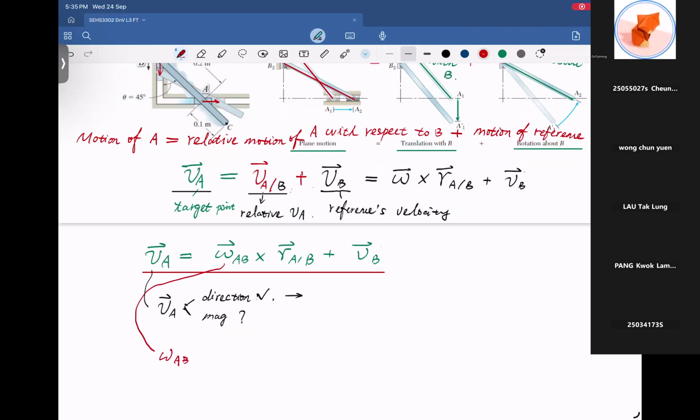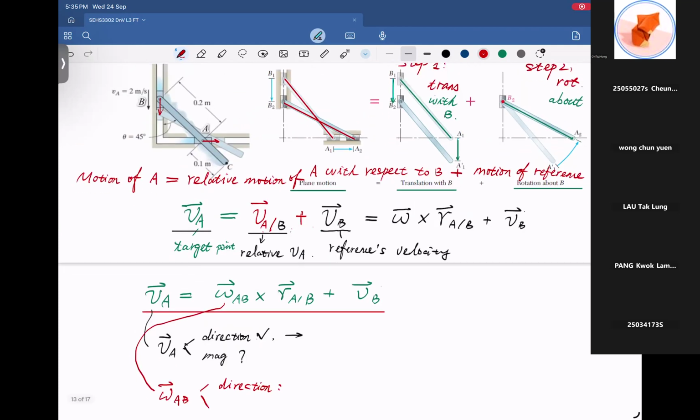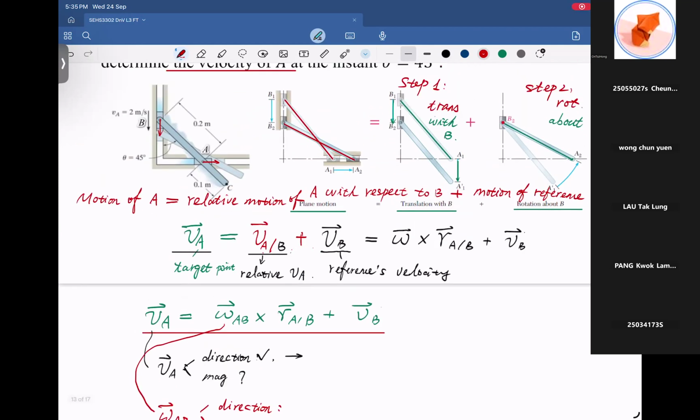Okay, the second one, omega AB. Omega AB is also a vector. It also has two parts. Firstly, the direction. Is it given? So how to identify the direction of omega AB? This rigid body has an angle change, right? From one angular position to the other.